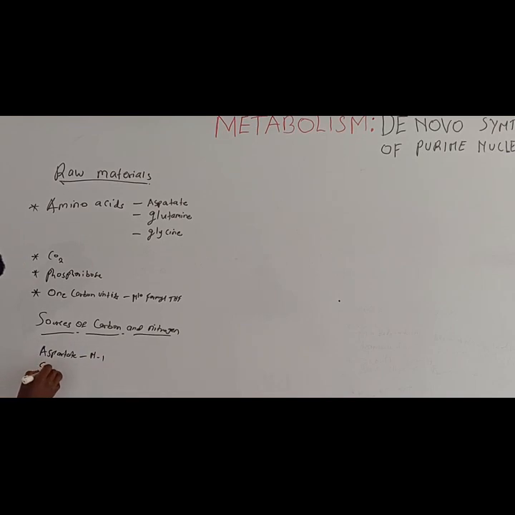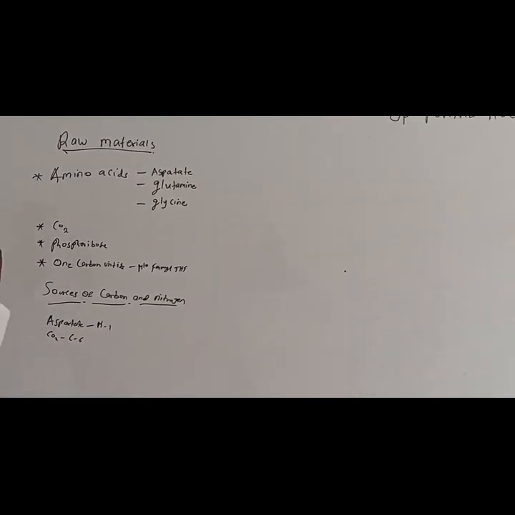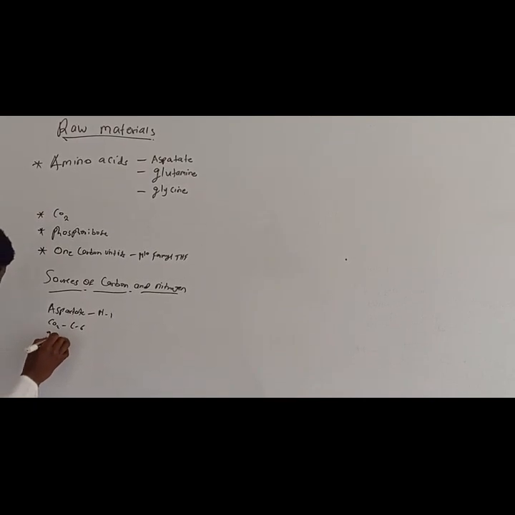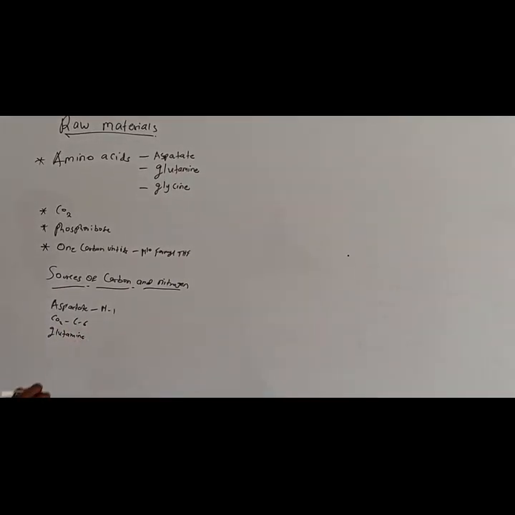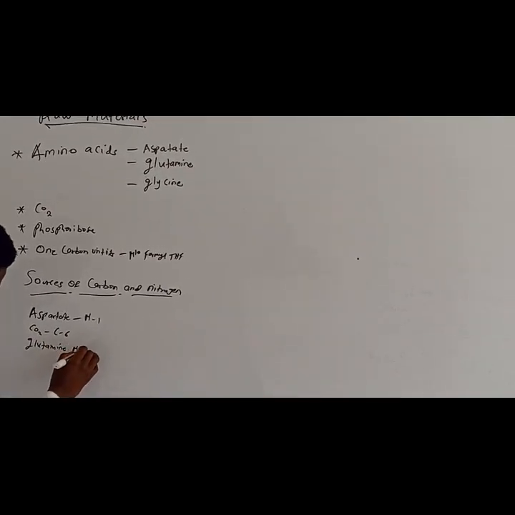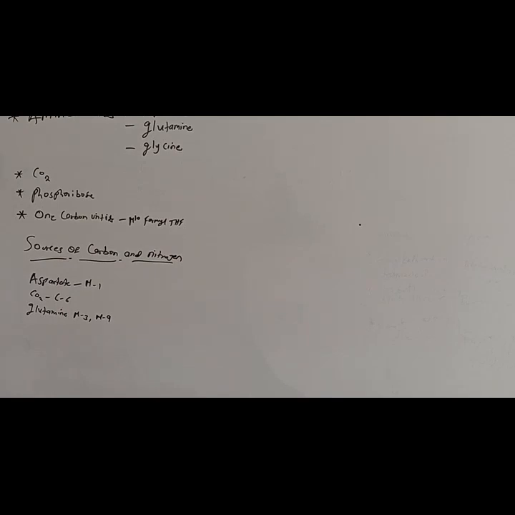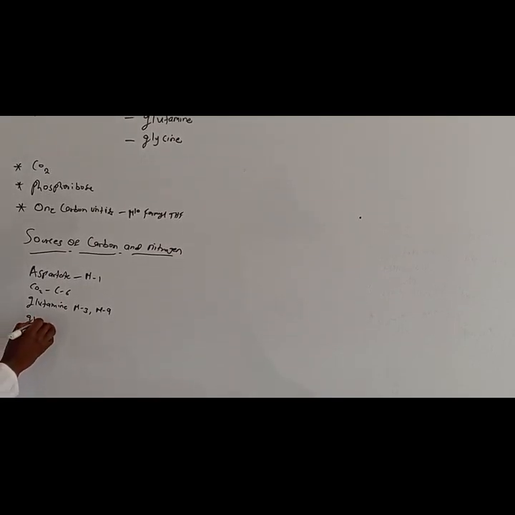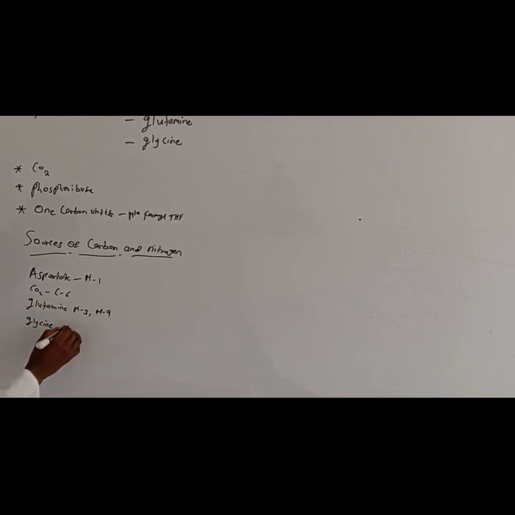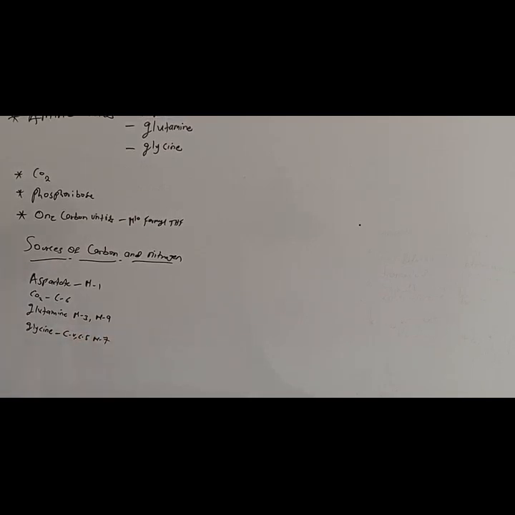Then CO2 is going to give us carbon number 6. Then glutamine is going to give us nitrogen number 3 and nitrogen number 9. Then we have glycine. Glycine is going to give us carbon number 4, carbon number 5, and nitrogen number 7.